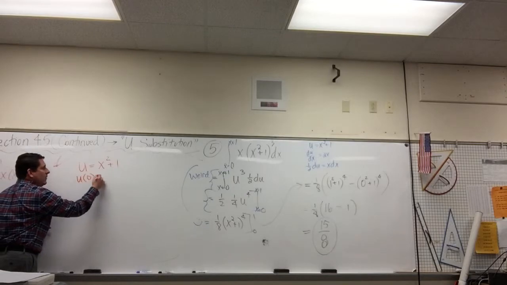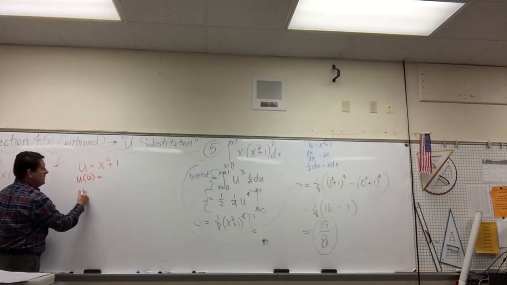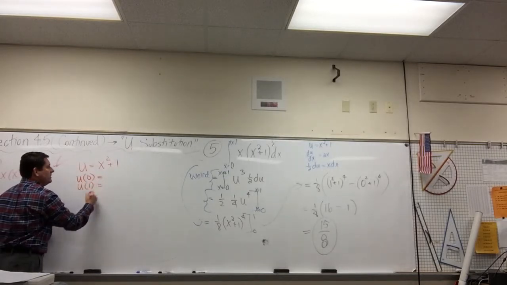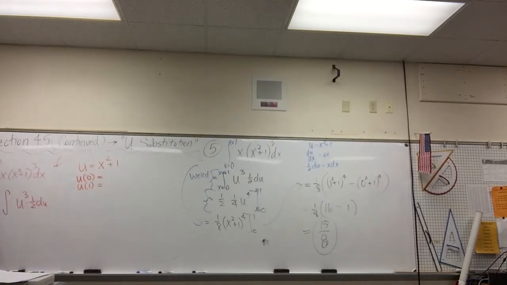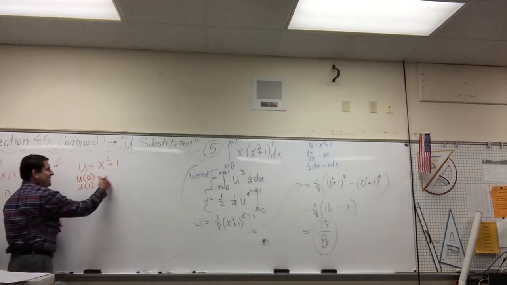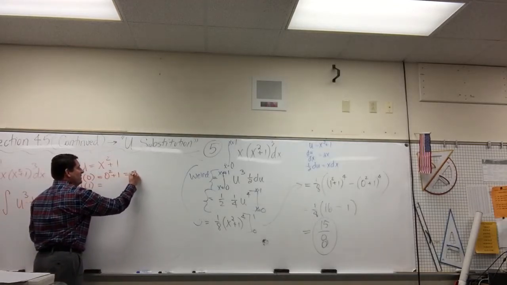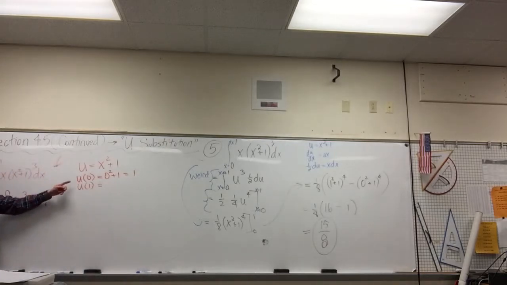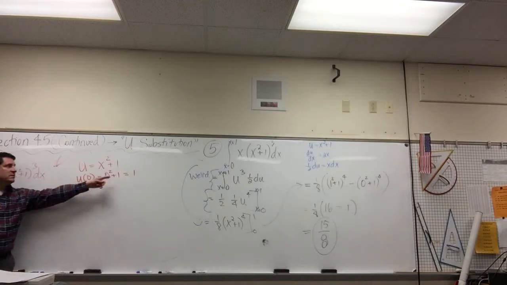It's pretty cool. So what I'm going to really do is I have to evaluate this. Essentially, I need to find out what's u of 0 and what's u of 1. It's a translator. How do you go from an x to a u? Okay, very carefully. 0 squared plus 1. So when x is equal to 0, u is equal to 1.